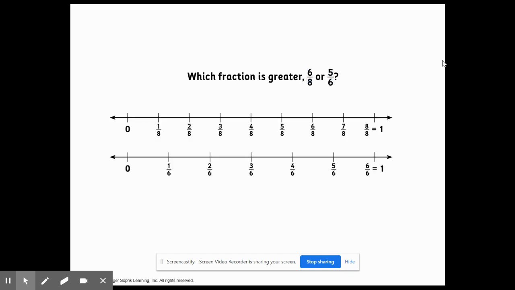We'll use the number line again to determine which fraction is greater by seeing which one is closer to 1. Let's begin by showing each fraction on a number line. Because 5/6 is to the right of 6/8, 5/6 is closer to 1. So that means 5/6 is greater than 6/8.